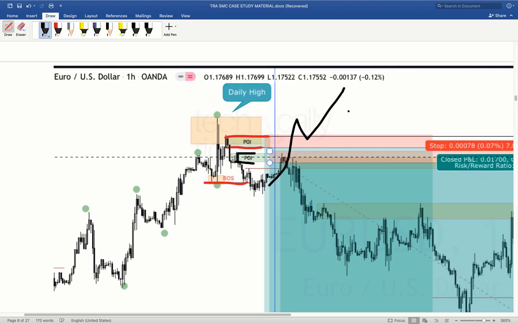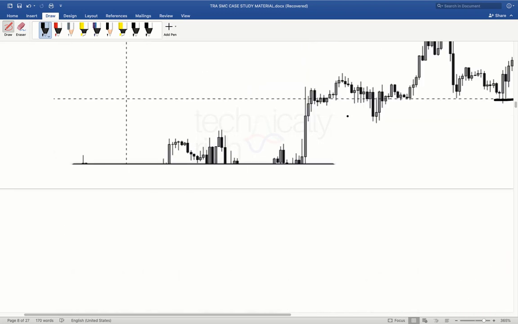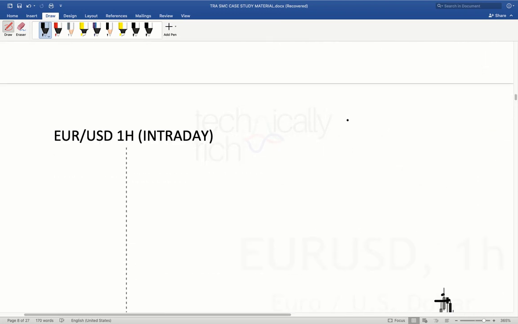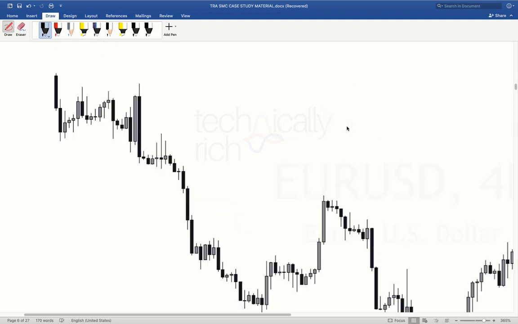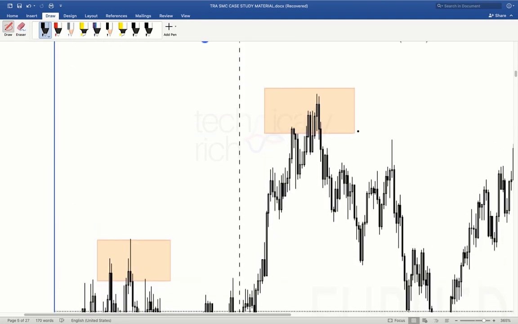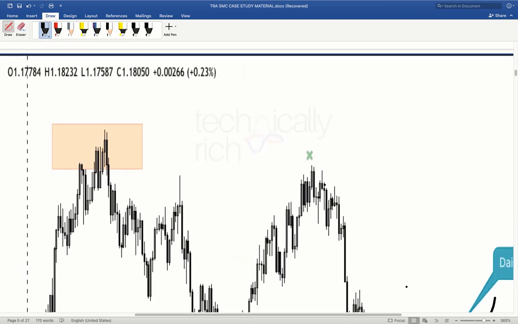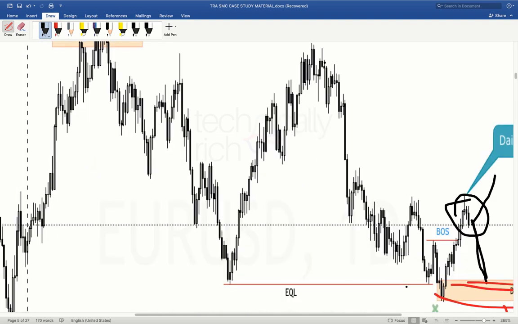You know that on the daily time frame, what you're now having on the daily time frame, I really want you guys to understand this market structure. So what you're now having on the daily time frame would be something like this.